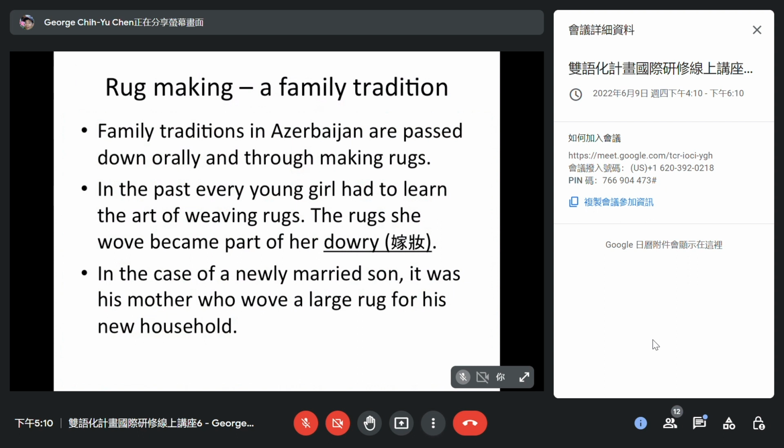In the case of a newly married son, 一个新婚的儿子的情况下呢, it was his mother who wove a large rug for his new household. So when I was told this tradition, I was quite interested, especially now that I know this, I look carefully at all the designs and motifs in the carpet, hoping to find out part of their family stories.